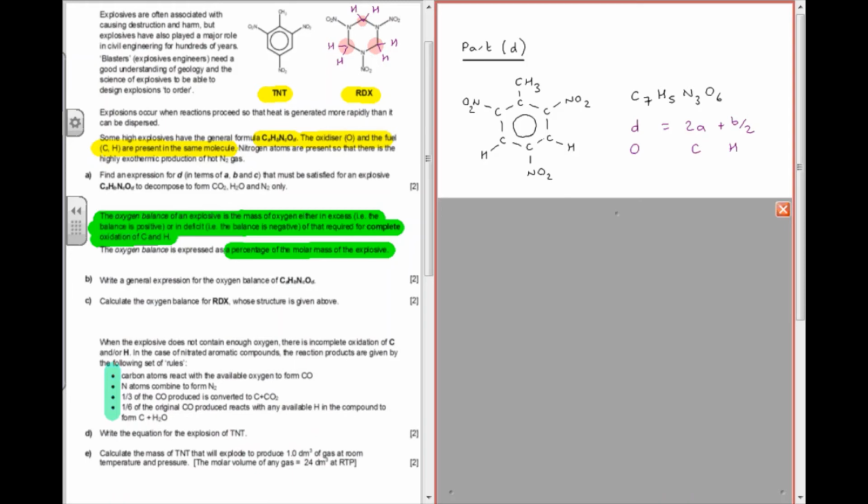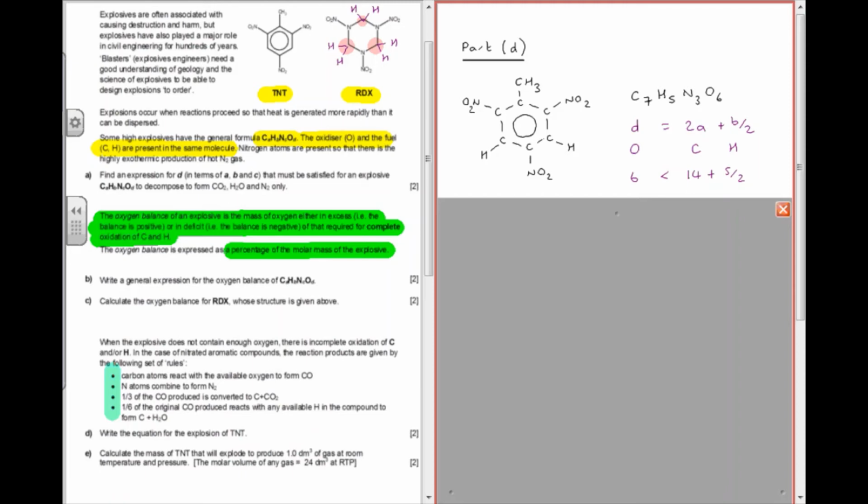If we do this quick sum for our TNT here, the number of atoms of oxygen is 6, and we can see that is much smaller than 2 times 7, which is 14, plus B divided by 2, so 5 divided by 2. And so we can see that our TNT doesn't have sufficient oxygen to undergo complete combustion.